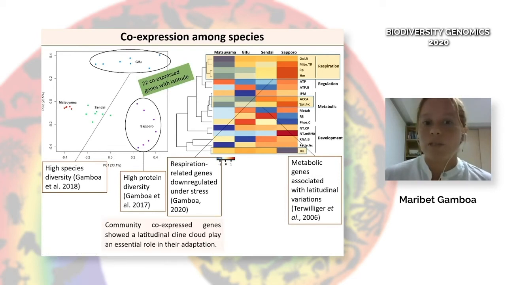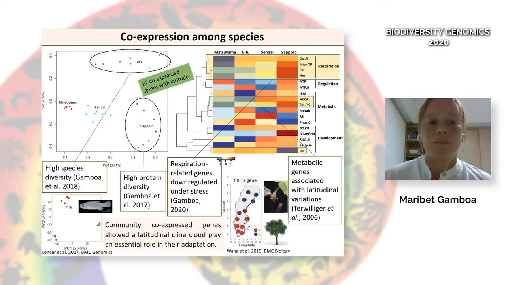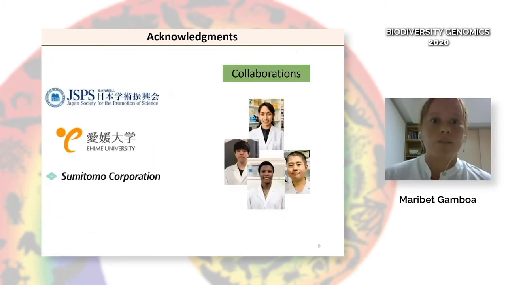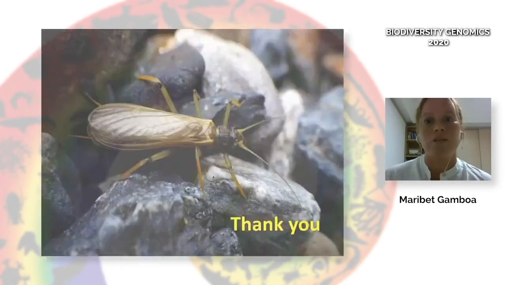These common co-expression genes show a latitudinal cline that could be associated with adaptation, and this was found in population studies in latitudinal gradients. So in conclusion, I found that latitude actually influences the gene expression pattern. So thanks to my collaborators, and to you for listening.